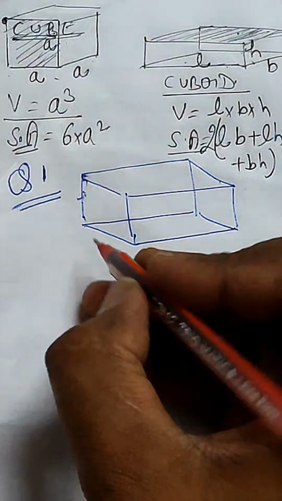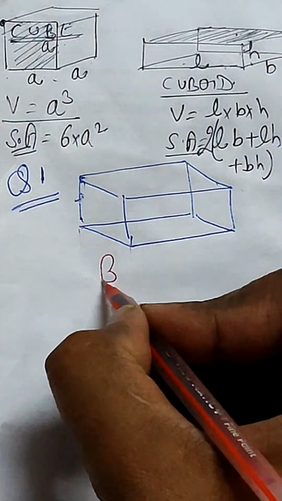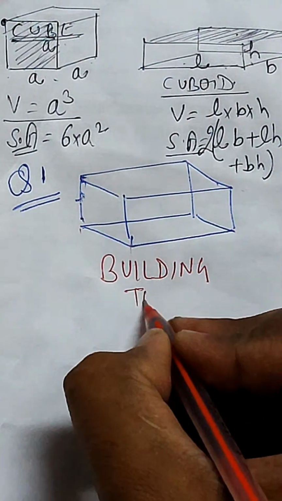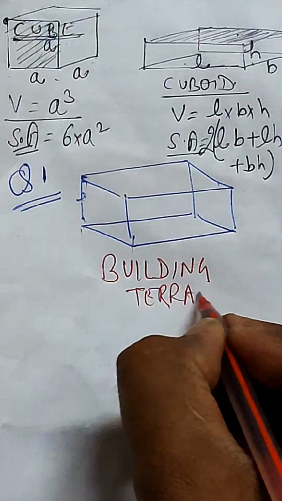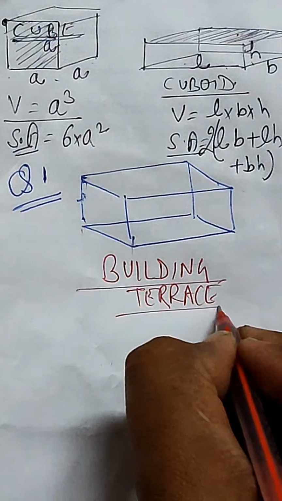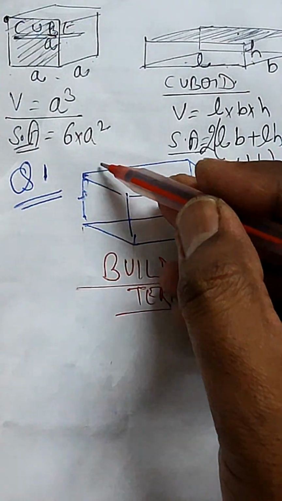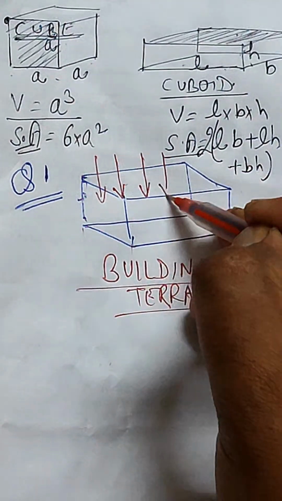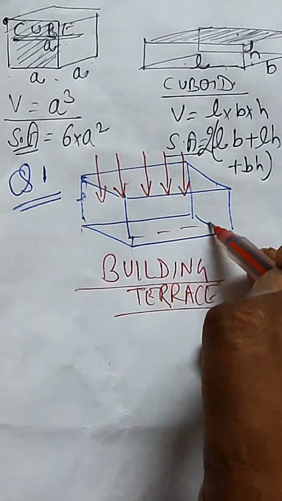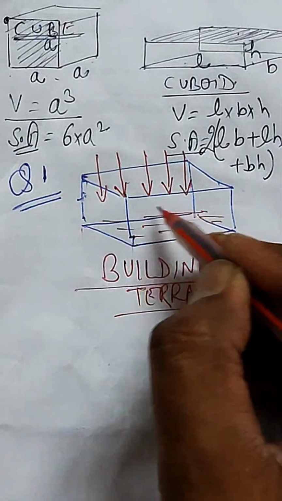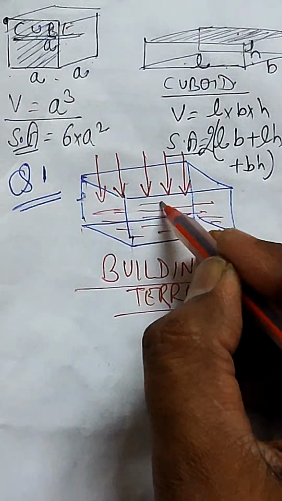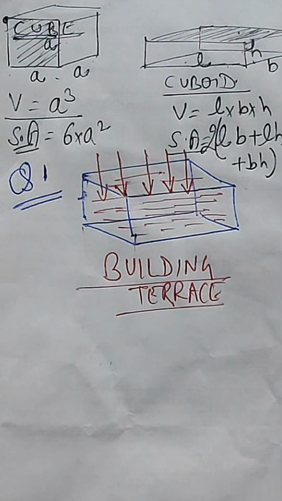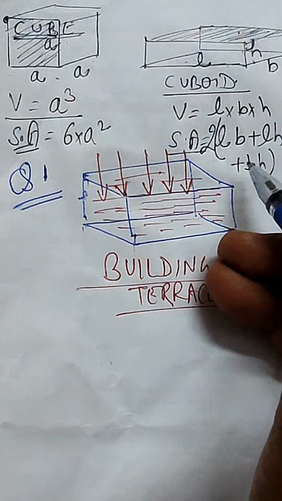And this is a building terrace. Terrace means the top part of the building, where, suppose due to some issues, the water is not draining out, so that's why water is collected over here. And this water which is collected on the terrace has different dimensions.